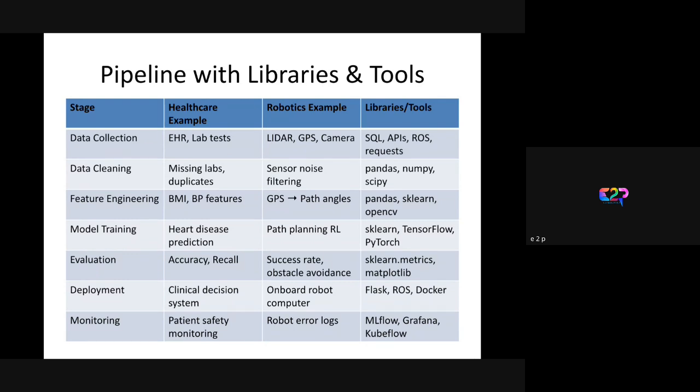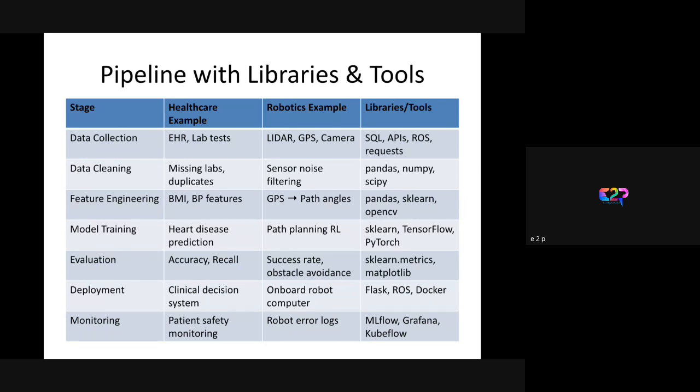And model training, for example heart disease prediction or cancer prediction. For that, we prepare a model, or in robotics, path planning, using scikit-learn, TensorFlow, or PyTorch.